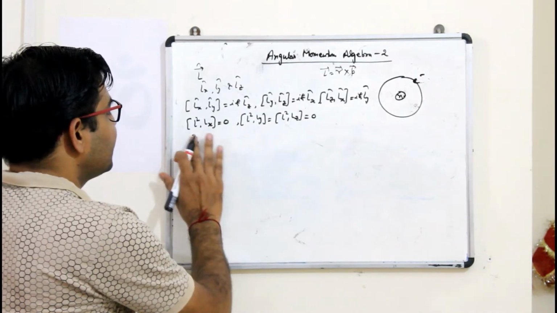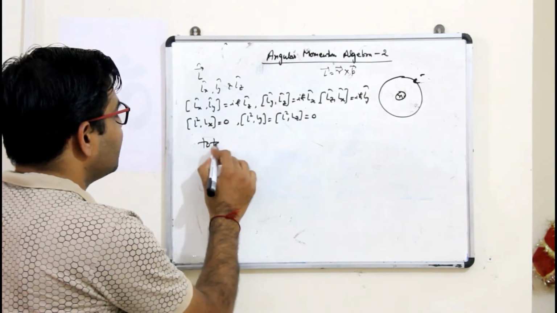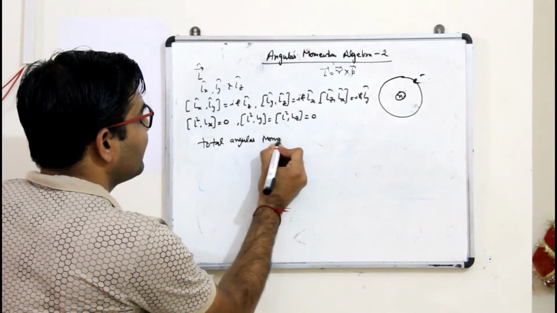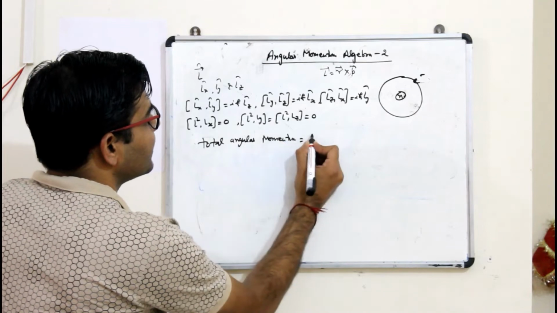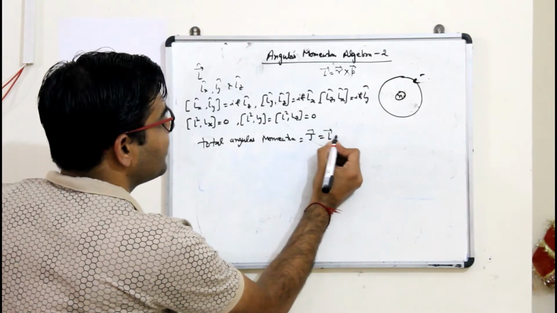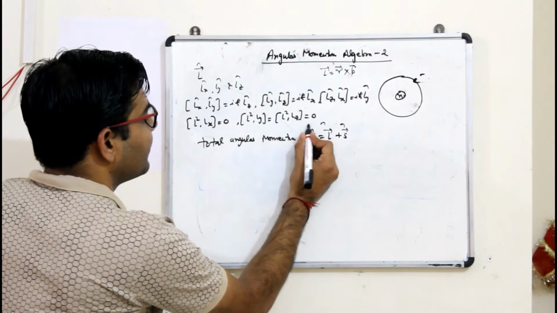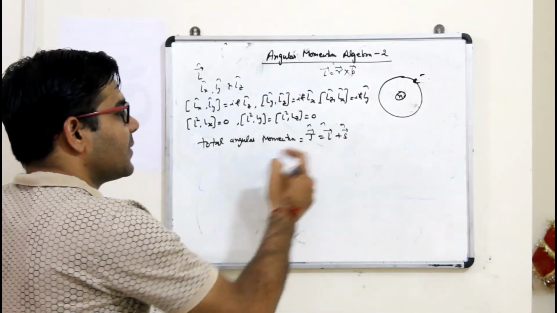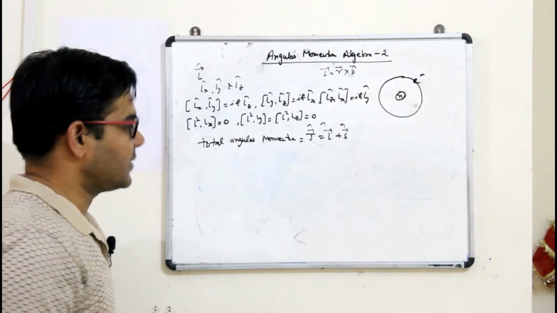And since we know the total angular momentum of an electron will be the vector sum of these, which we represent by J, let's say L plus S, and in operator form it will be like this. Since L follows the same algebra and S follows the same algebra, J also follows the same algebra.